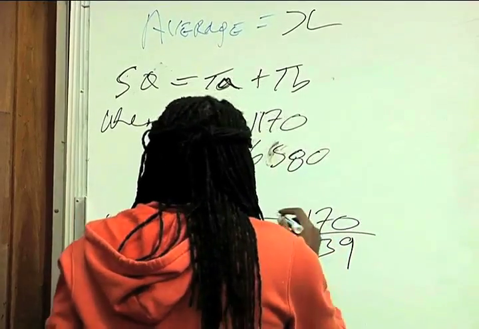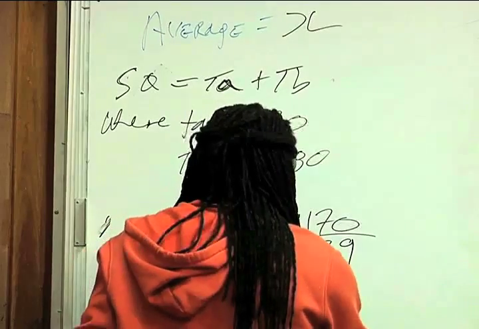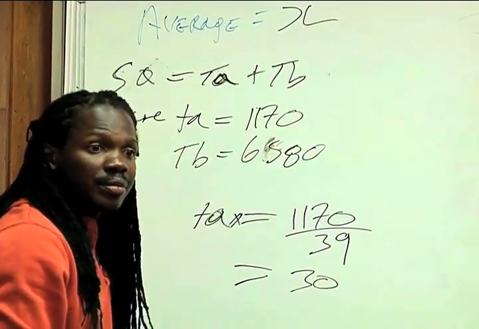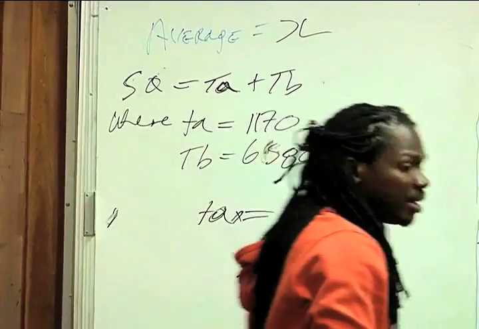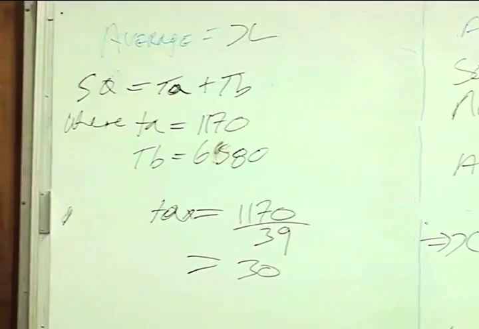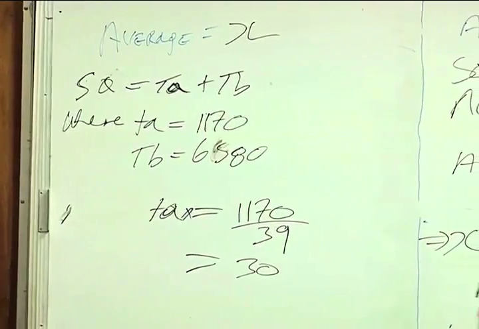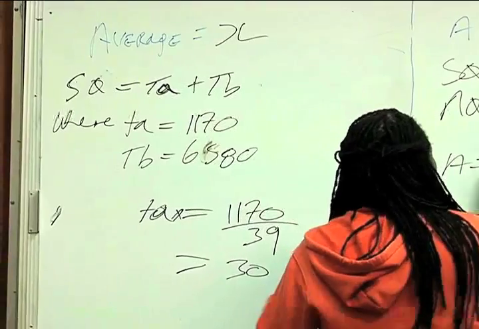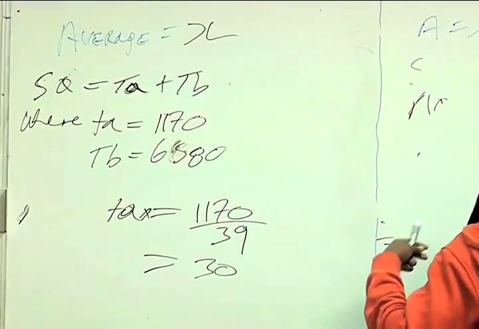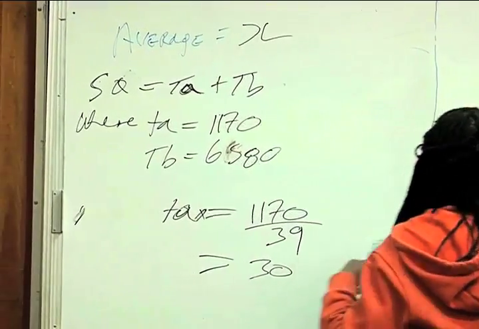So NQ for TA equals 30. Yes, sir. Good. Now for TB, 6580. How much? 14.